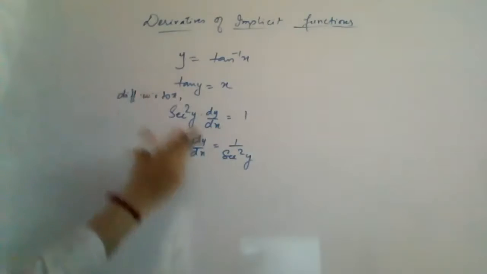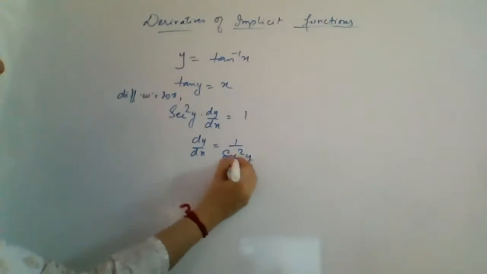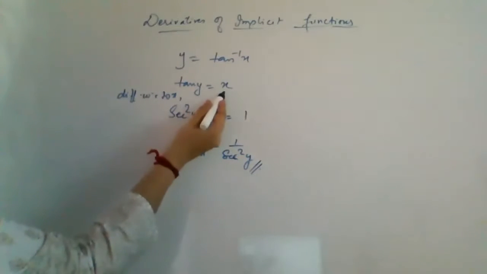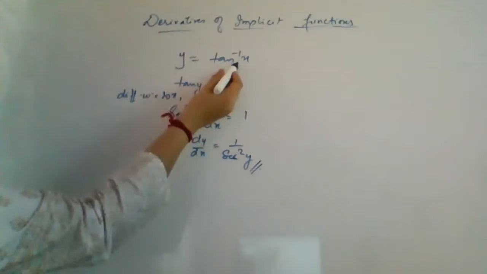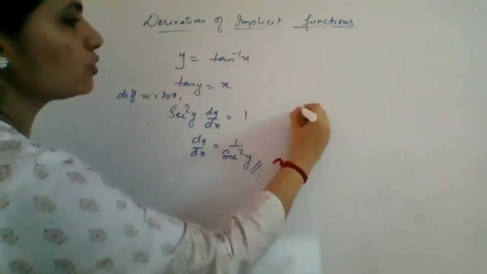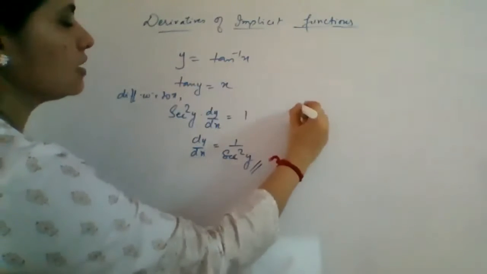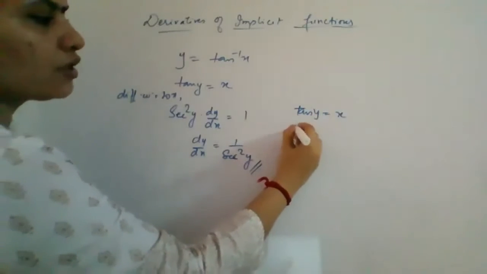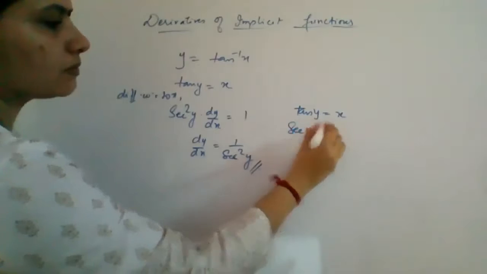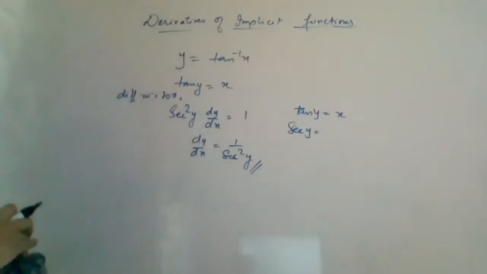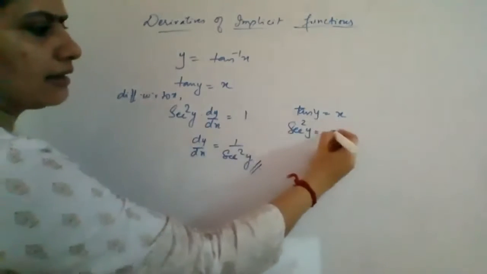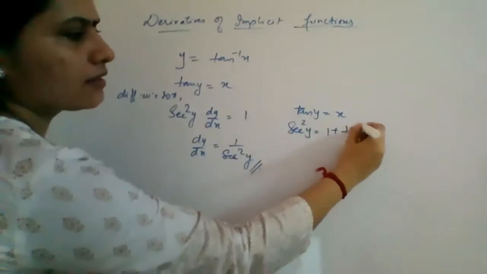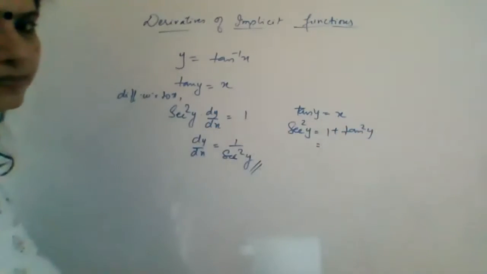Now again you have to relate, since you cannot give your answer in terms of y, you have to get it in terms of x, because the question contains x. So you have to know the relation of tan and sec. That is, tan y is equal to x, and sec square y is 1 plus tan square y. Correct?